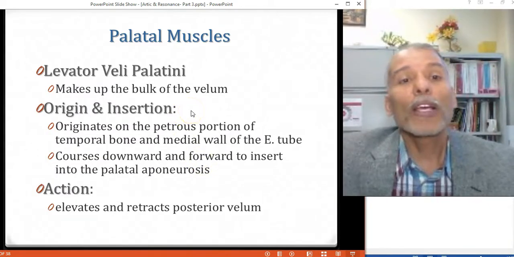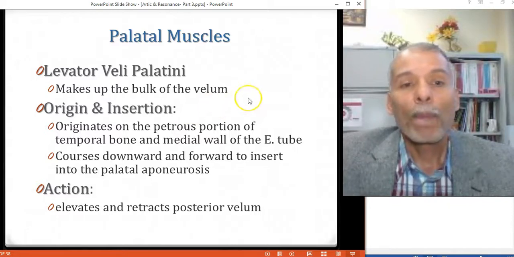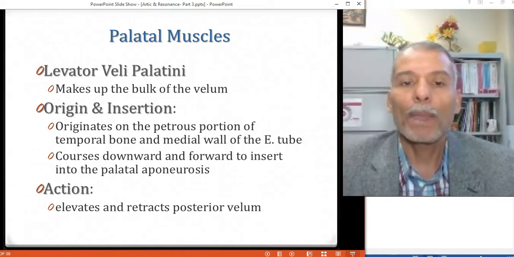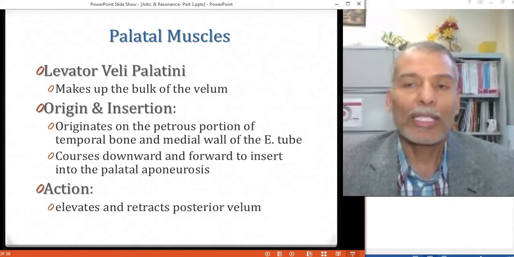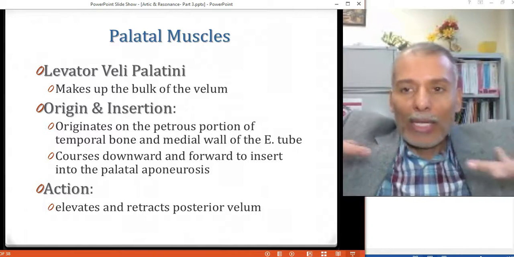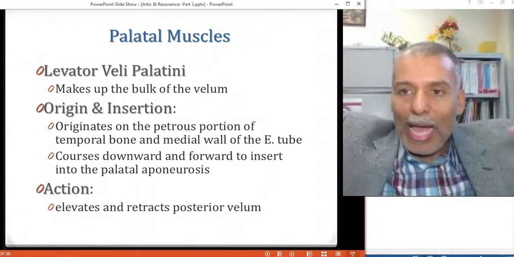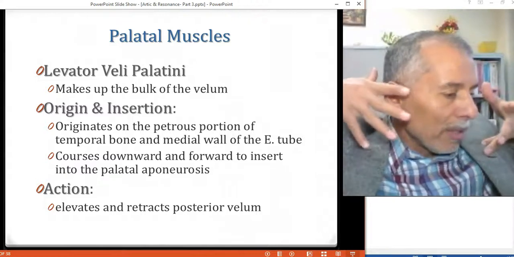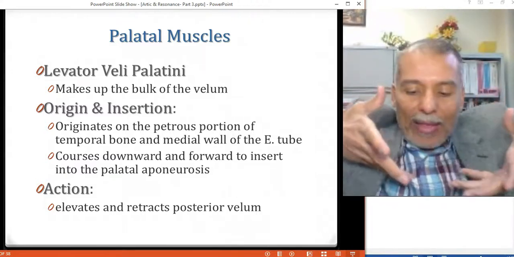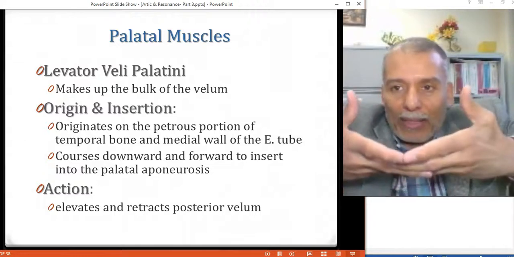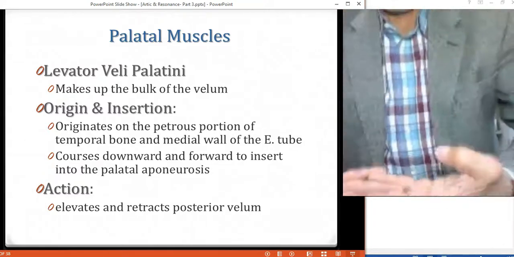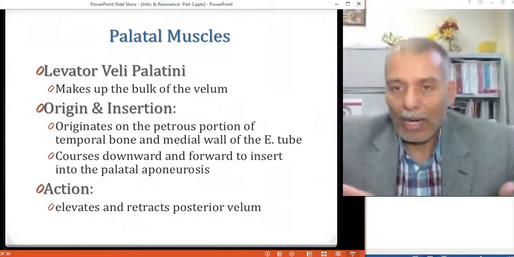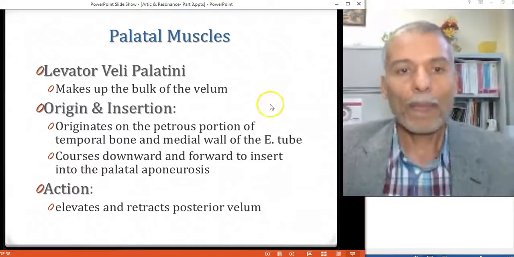So the levator veli palatini, that muscle makes basically the bulk of the velum, and we demonstrated it in class in the way that it looks very much like a hammock coming down, coursing down and anteriorly, and then the fibers connecting like this, and when you contract, you elevate the entire velum.